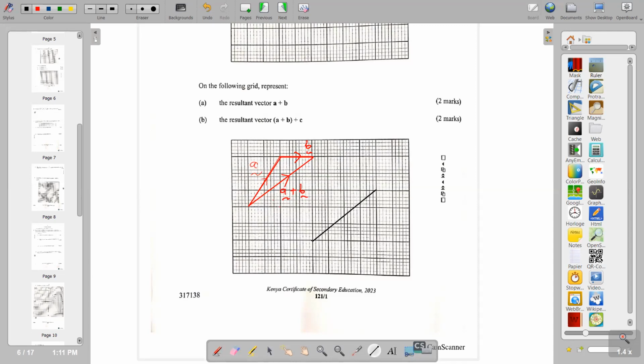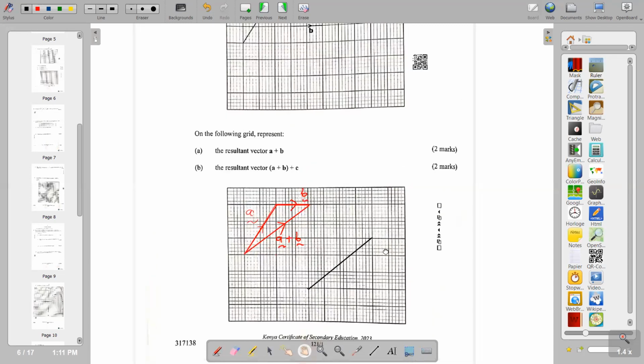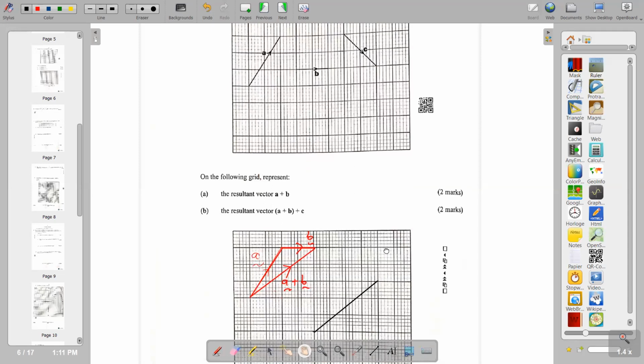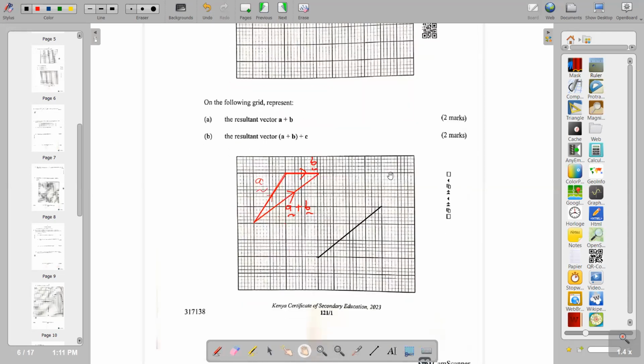Let me see if it is my space distortion. Okay. So this is my vector A plus B.